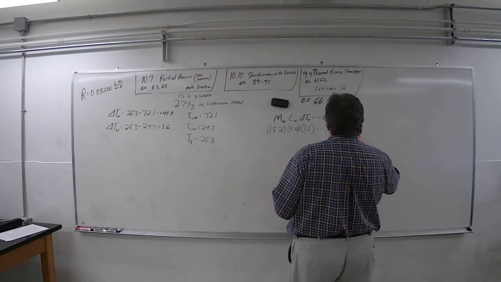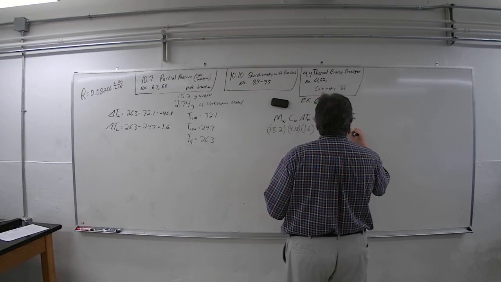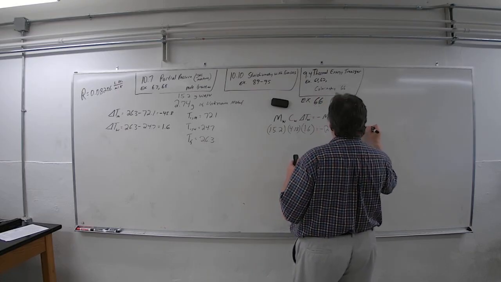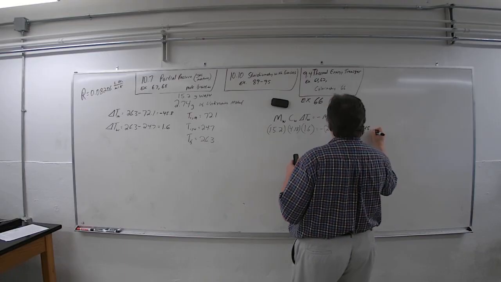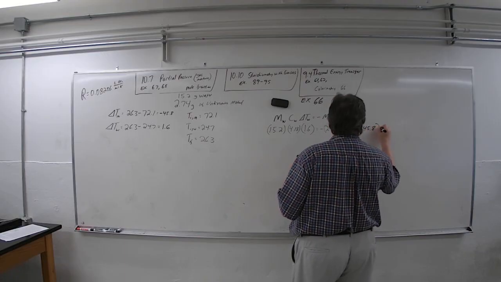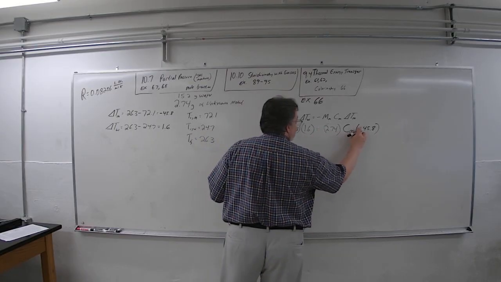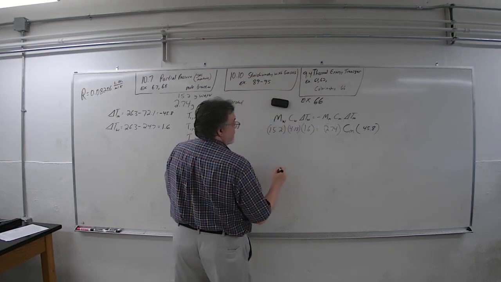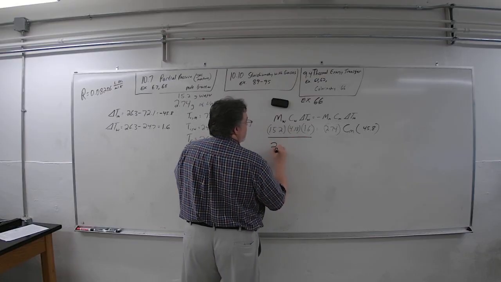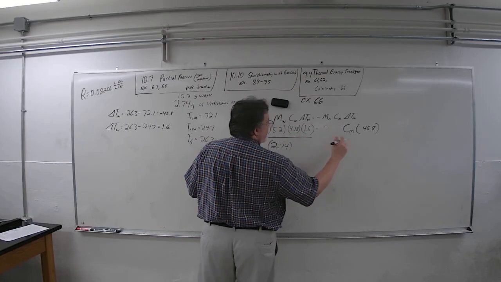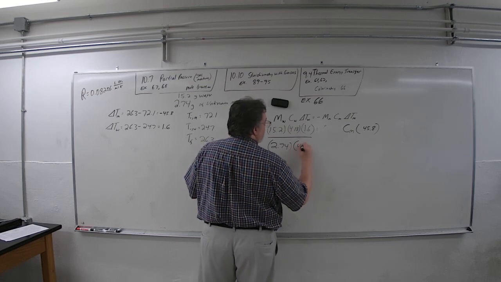C of the metal is our unknown. Delta T of the metal is negative 45.8. I'm going to go ahead and get rid of the negative signs. So what we want is divide by 2.74, divide by 45.8.